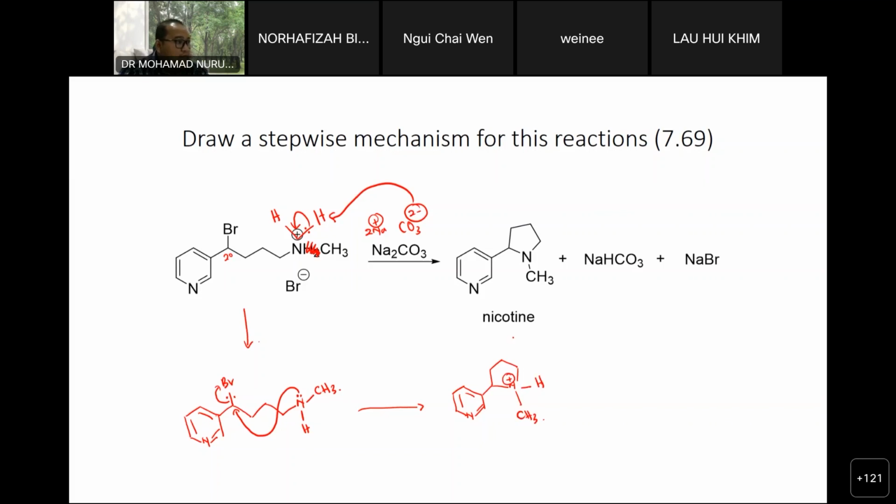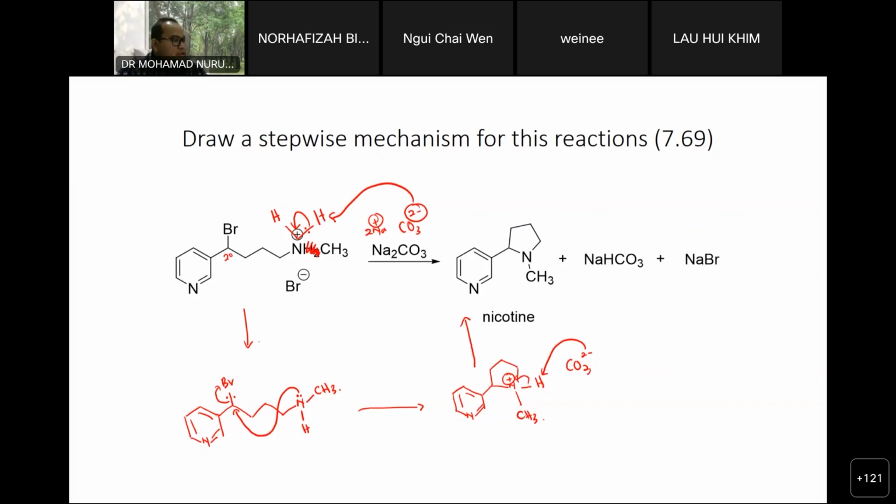Again, we still have this CO3 2- anion, so it will extract the proton here, and this one gives back to the nitrogen. And finally, it will give the final product.